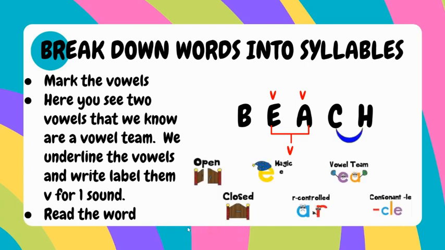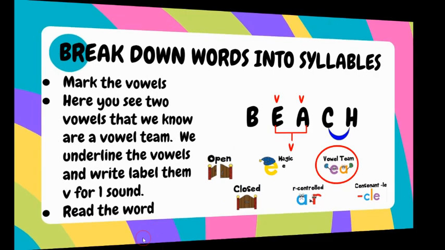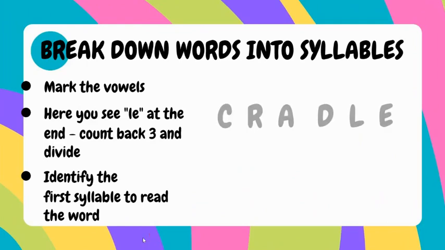And the CH is something that our scholars will learn as another digraph alert. The C and the H, they don't say their original names. They say ch. And so with that being said, we know it's a digraph, and it makes a completely different sound. And so this falls under vowel teams and it's a one syllable word. Beach.